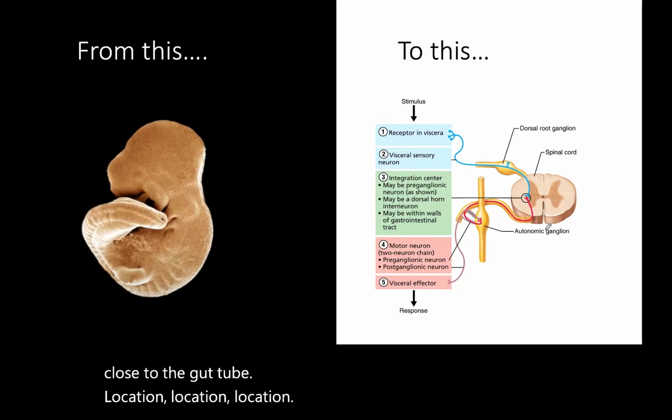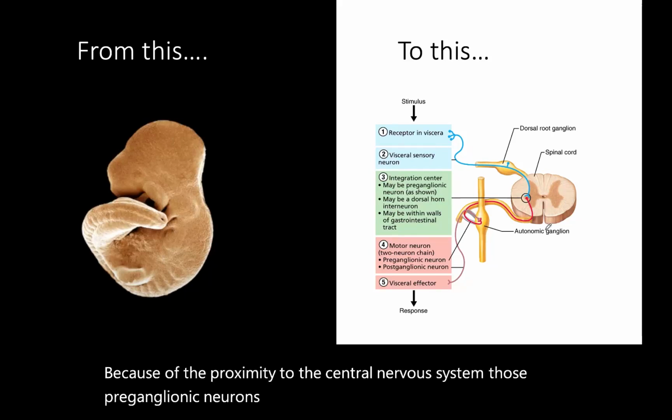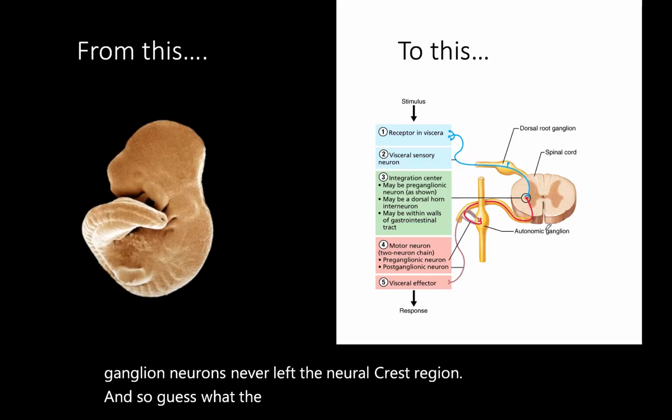Preganglion neurons are myelinated because of the proximity to the central nervous system. Those preganglion neurons never left the neural crest region. And so guess what? The glial cells could reach them and therefore myelinate them.